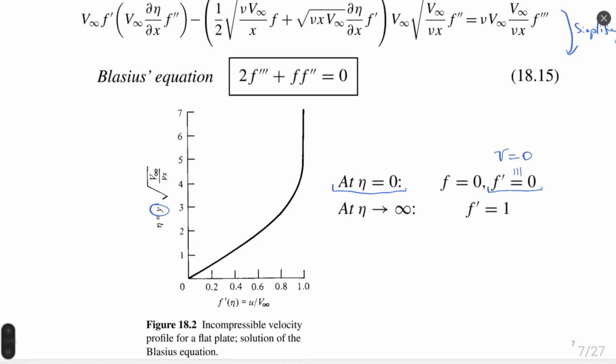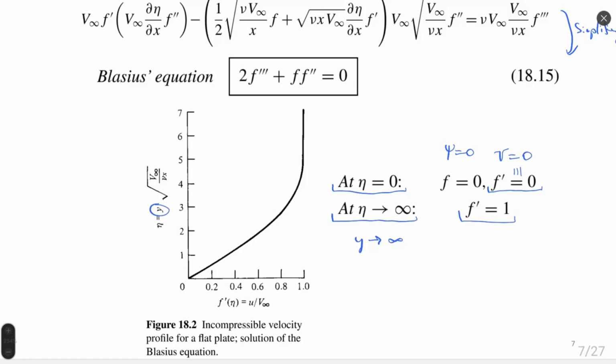So this is C equals 0. And at eta going to infinity, it's equivalent to y infinite, the edge of the boundary layer, we set that velocity is equal to 1.